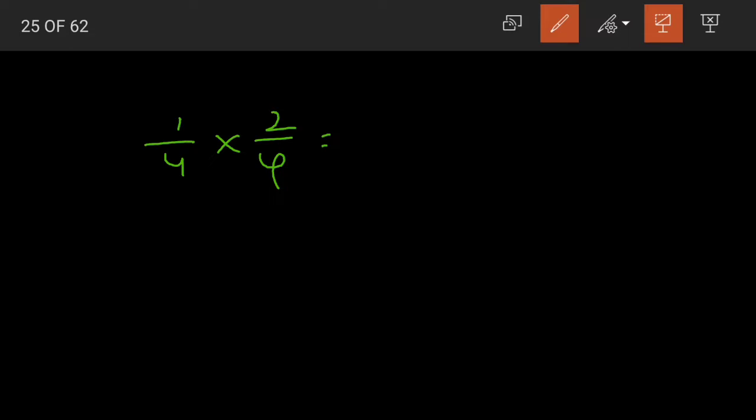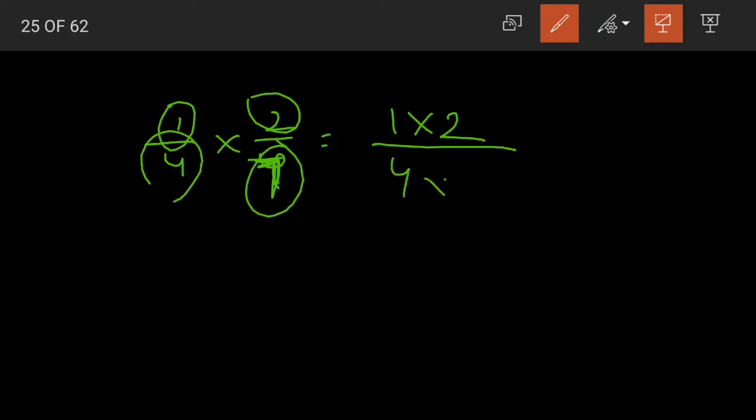When we are multiplying the fractions, we do not check whether they are like or unlike. Let me take 7 here. 1 by 4 into 2 by 7. Simply we'll multiply the numerators 1 into 2 divided by, we'll multiply the denominators 4 into 7. 1 2s are 2 divided by 4 7s are 28.